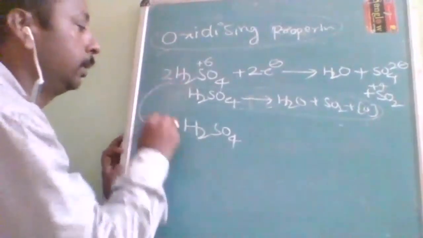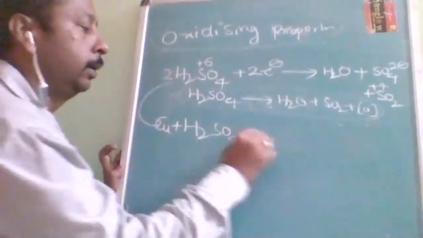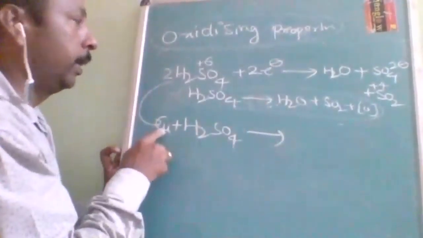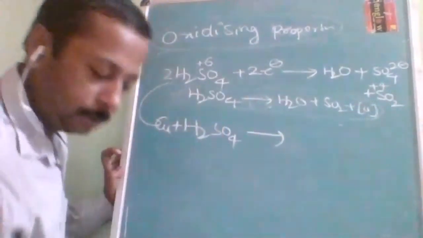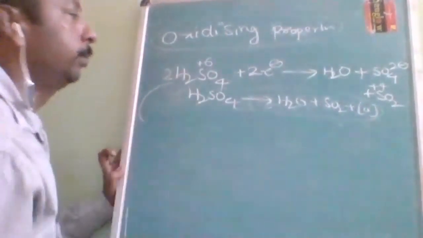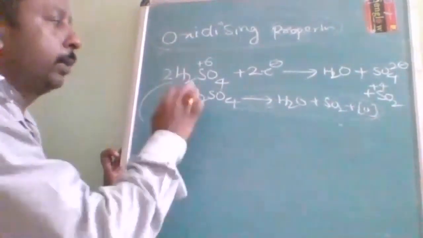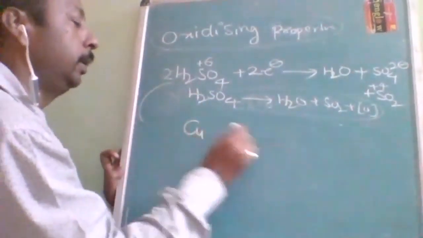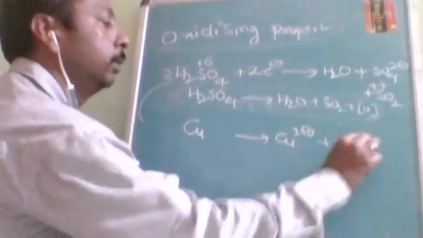Suppose copper, a less reactive metal. Simply write here, copper loses 2 electrons. I will tell you how to club this equation. Cu gives Cu2+ plus 2 electrons.